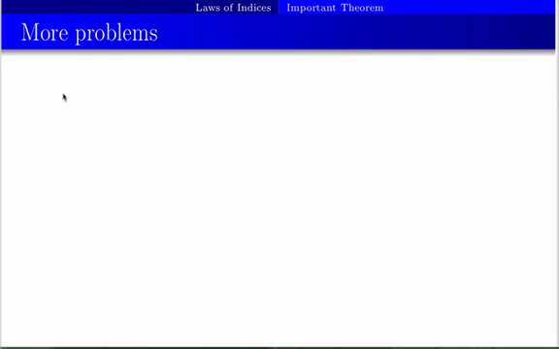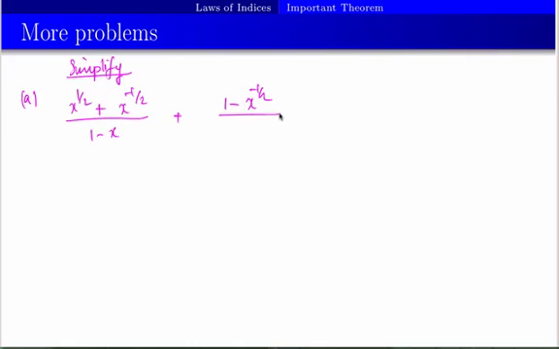Let us take the first problem as: simplify the following expressions: x raised to half plus x raised to minus half upon 1 minus x, plus 1 minus x raised to minus half upon 1 plus square root of x. You have to simplify this. So please try this problem. I'll put this on pause. You have to simplify this using laws of indices.